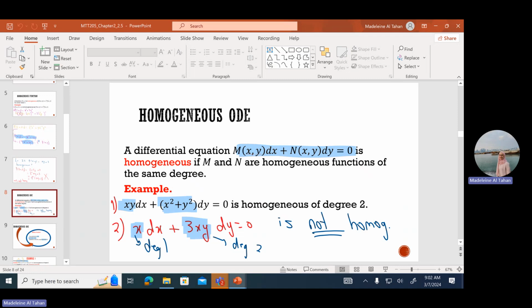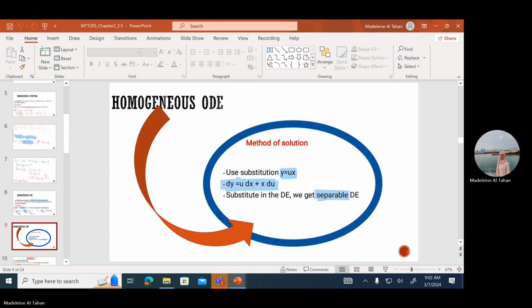What's the method that we usually use in this case if it's homogeneous? Do you remember, a substitution, right? Which substitution do we use? We use y equal ux. And dy, do we keep it the same? We write it as u dx plus x du.